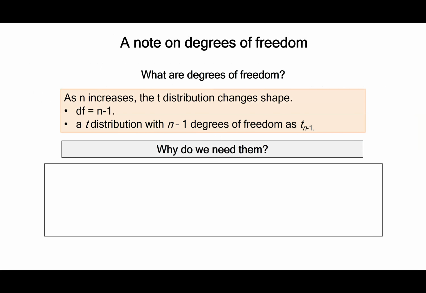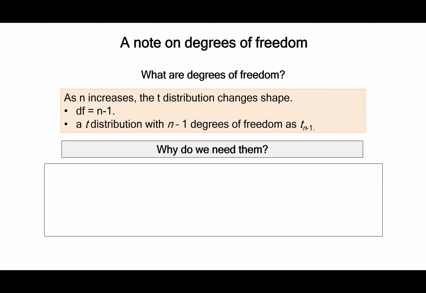So, a note on degrees of freedom: we talk about them a lot without really talking about what they are. Absolutely, these have to do with the shape of the t-distribution. As our sample size gets higher and higher, the middle of the t-distribution gets taller and the tails get thinner.